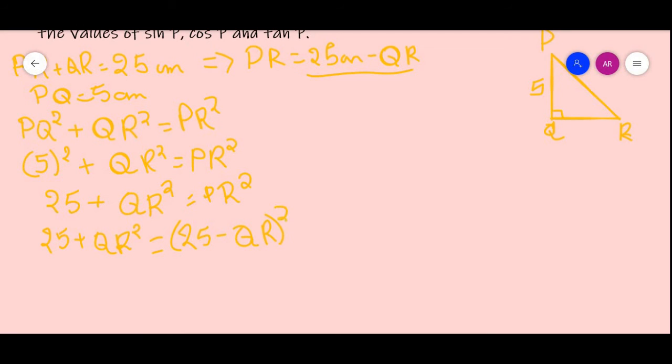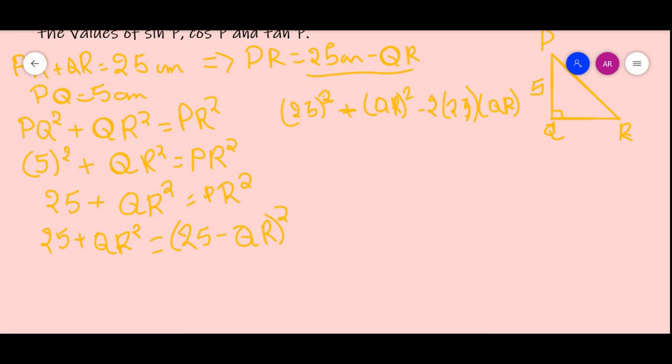If you observe, it is in the form of a minus b whole square. So let's solve it separately and see. You know that a minus b whole square is equal to a square plus b square minus 2ab. So it's going to become 25 whole square plus QR square minus 2 into 25 into QR.